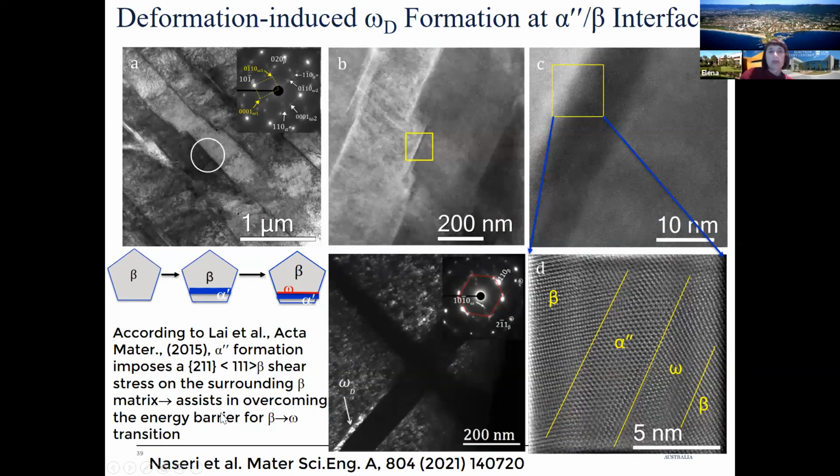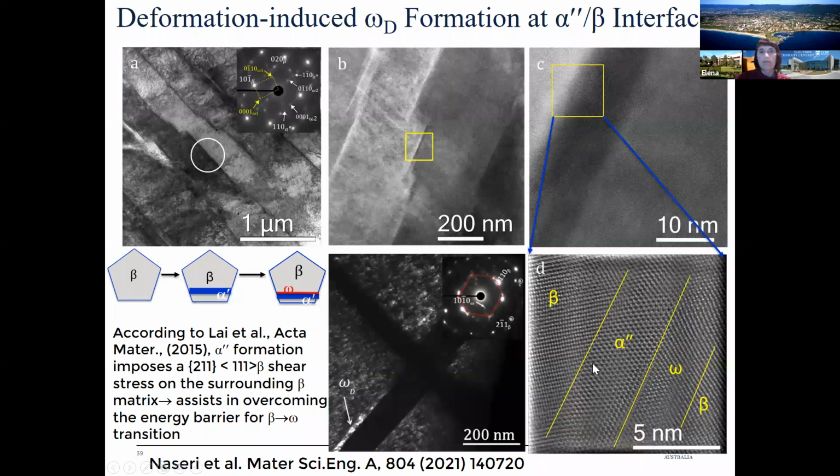It was also suggested earlier that, both in the case of alpha double prime formation or twinning taking place in beta phase, there is usually a strain or stress field around the formed alpha double prime plate or twin plate, and typically we have shears forming in these areas at the interface between martensite and beta phase.